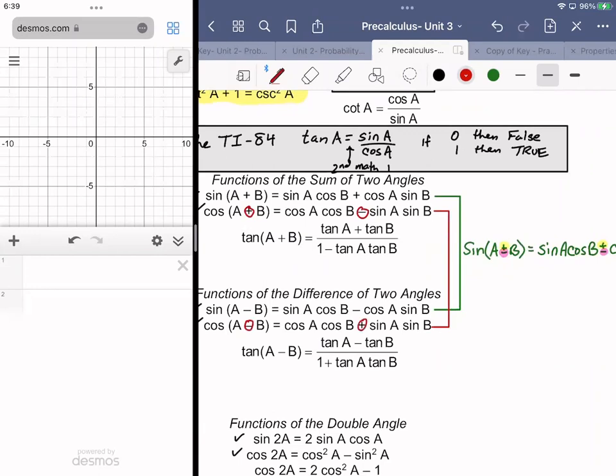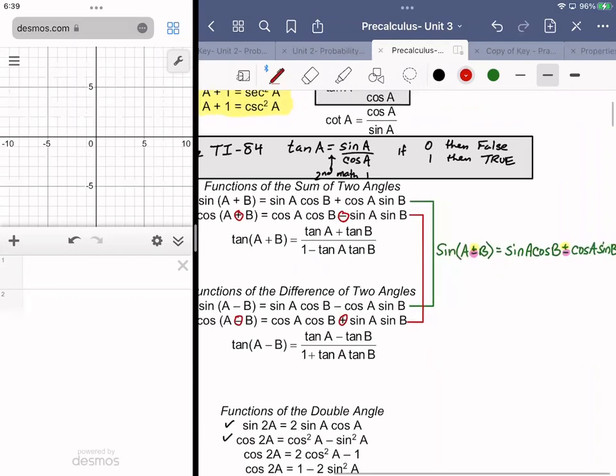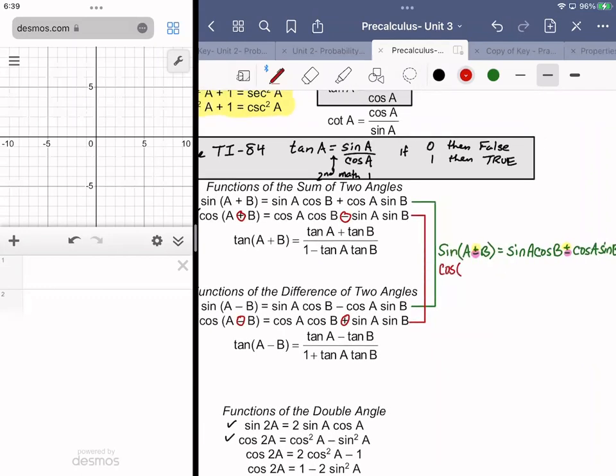The shorthand way of writing it would be to say that the cosine of A plus or minus B is equal to the cosine of A times the cosine of B minus or plus sine A sine B. Meaning the plus corresponds with the minus and the minus corresponds with the plus.